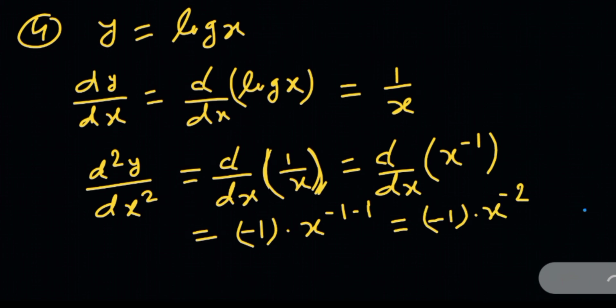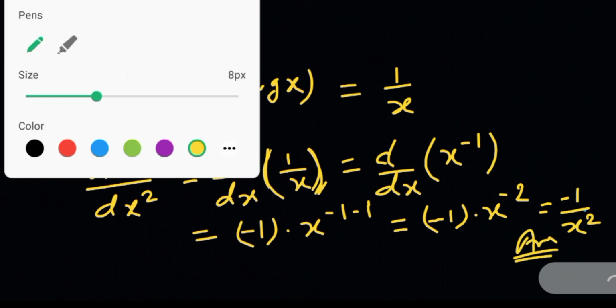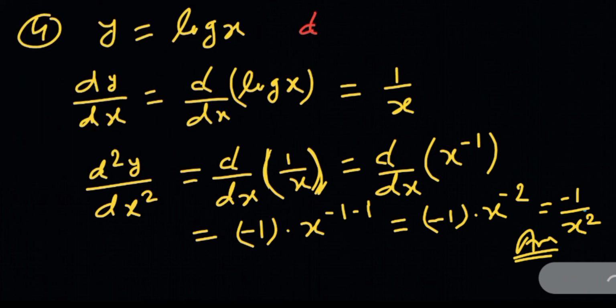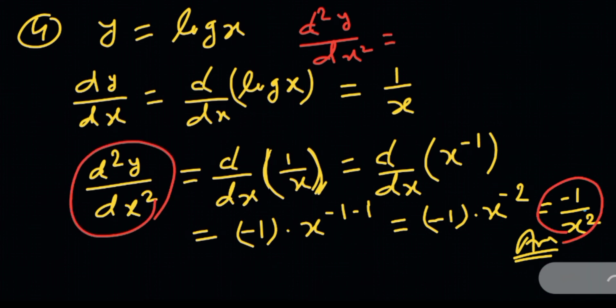If I write in simplified form, I can write it as minus 1 divided by x square. So this will be our answer. In this way we got d2y upon dx square equal to minus 1 upon x square.